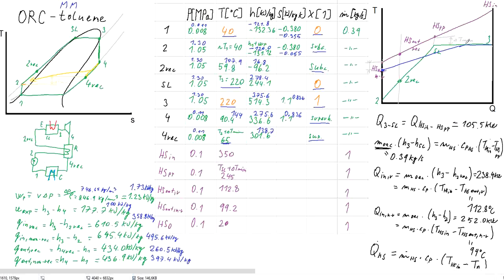So the QT diagram will look like this. So over here will be the point 2, saturated liquid, and 3.